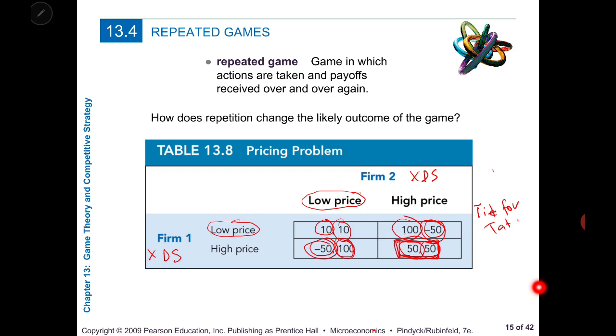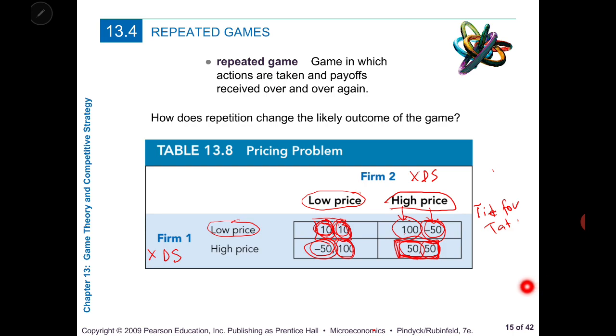Similarly, if they choose to start at a low price, so they both get 10 and 10, the firm that decides to charge a high price, that means deviating from this equilibrium, say firm 2 chooses to go high price, then it will lose negative 50, but the other company will gain and earn a profit of positive 100.